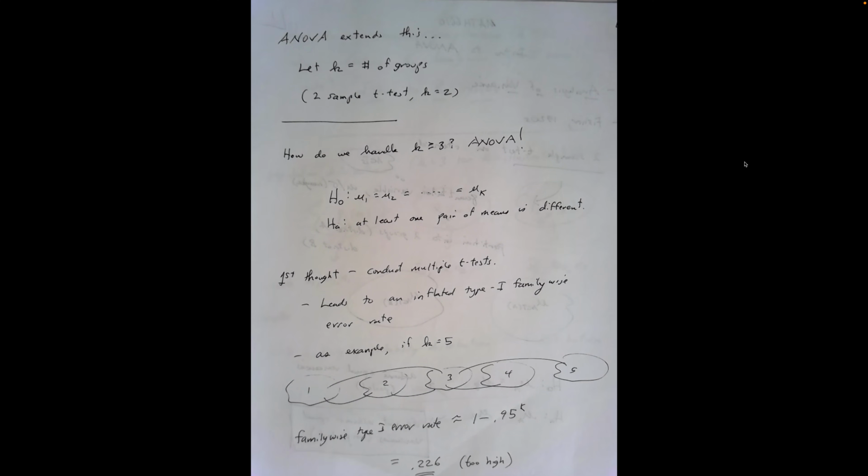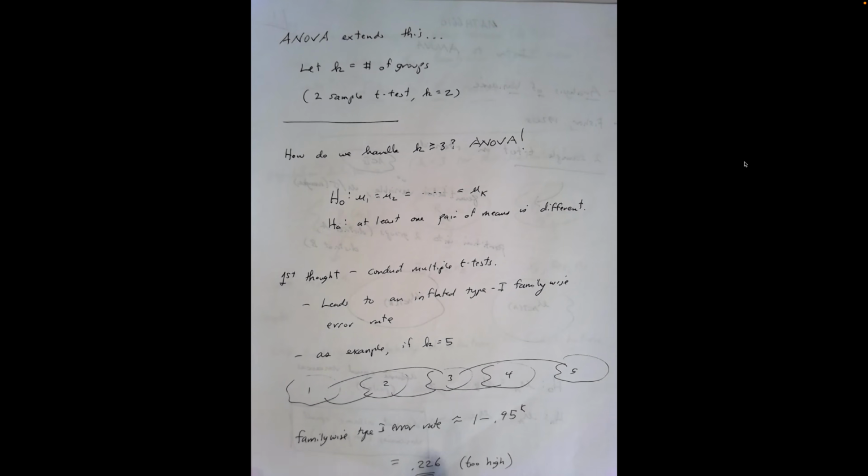Now, the first thought is, well, why not conduct multiple t-tests? Well, this leads to an inflated type 1 family error rate, which we can approximate by taking 1 minus 0.95 raised to the k power, where k is the number of groups. For example, if we have 5 groups, we could compare group 1 and 2, 1 and 3, 2 and 4, do all these multiple comparisons.